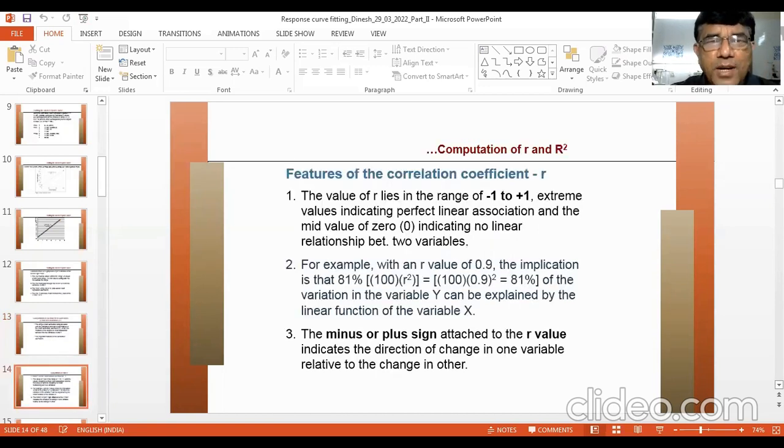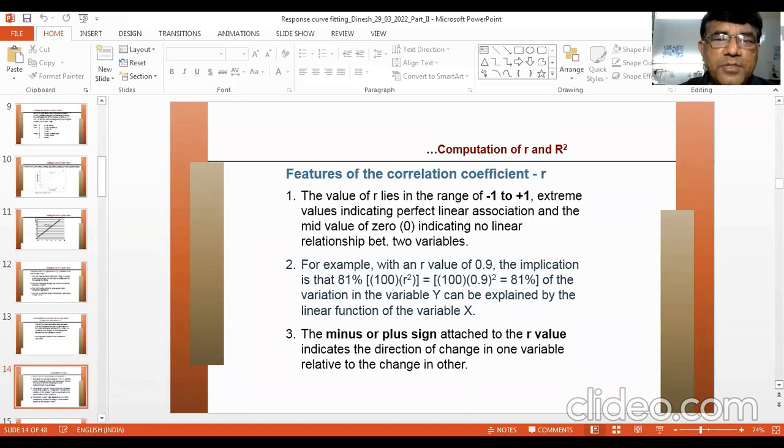So, features of the correlation coefficient. The value of the correlation coefficient lies in the range of -1 to +1. It can be minus 0.98, minus 0.6, minus 0.120, etc. Or it can be 0 also. And then up to +1, meaning plus 0.678, plus 0.999, etc. So the range is between -1 and +1.